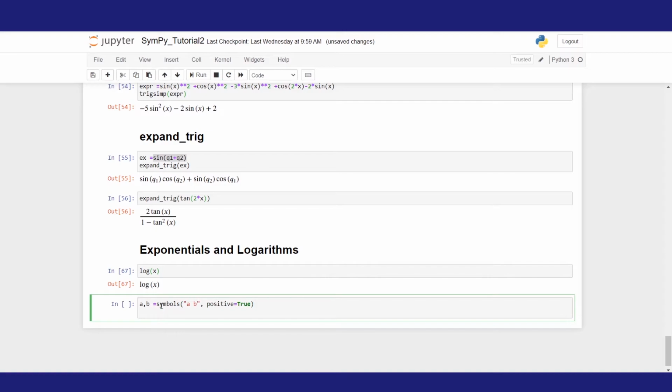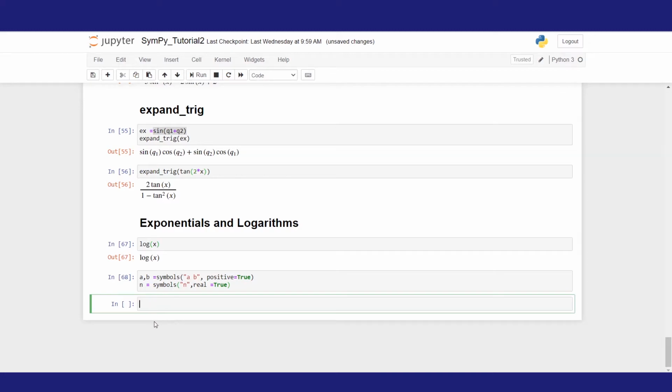When it comes to the powers, n is a symbol, which is a power, and this symbol n is supposed to be real, so real equals true. So when we have this turned on in our workspace, let's look at the laws of logarithms from just the algebraic perspective.